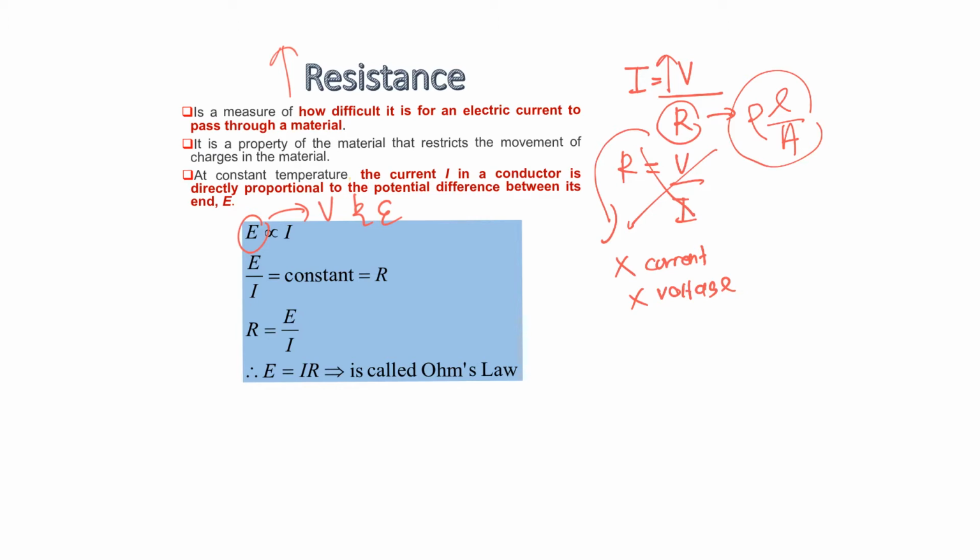When you have higher resistance, your current flow is going to decrease. If I ask you to state Ohm's law, please do not give the formula. Please explain: current is directly proportional to the potential difference and inversely proportional to the resistance.